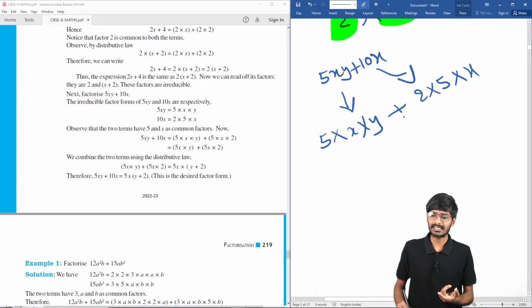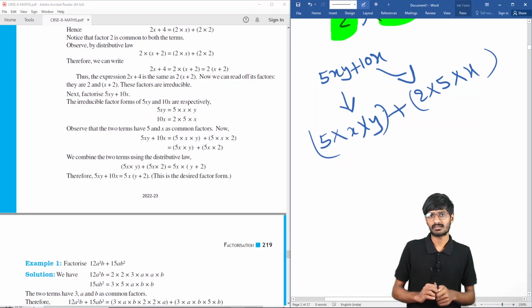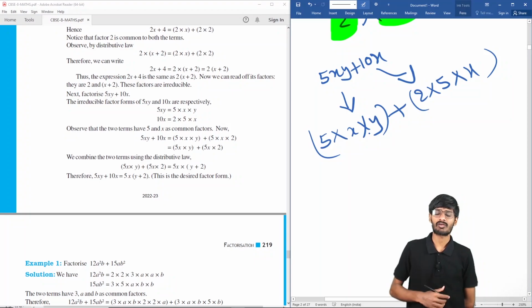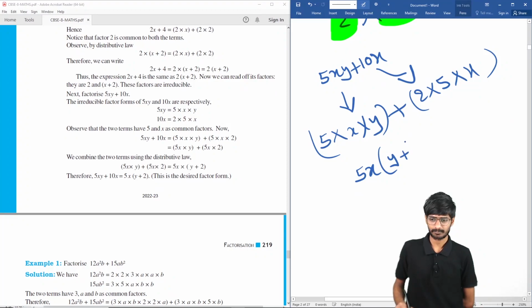So we have to add these two terms, and these two terms are in factor form. If you clearly observe, there are two factors which are common: one is x and the other is 5. If you take the common factor 5x and write it out, what you get is y plus 2.